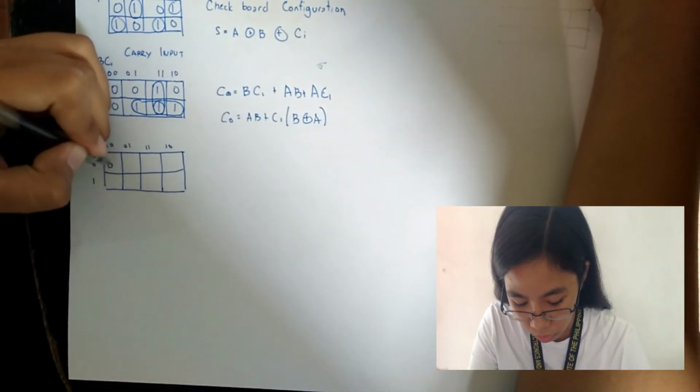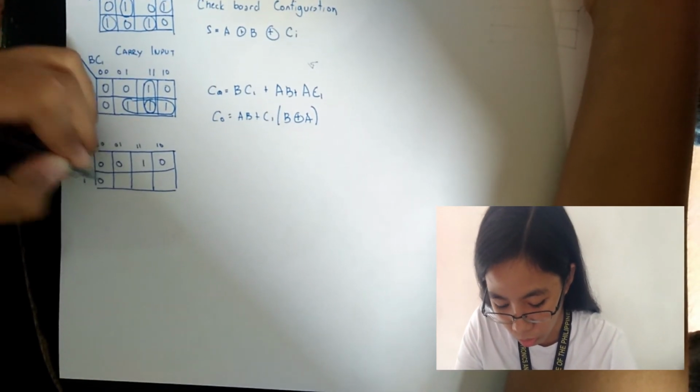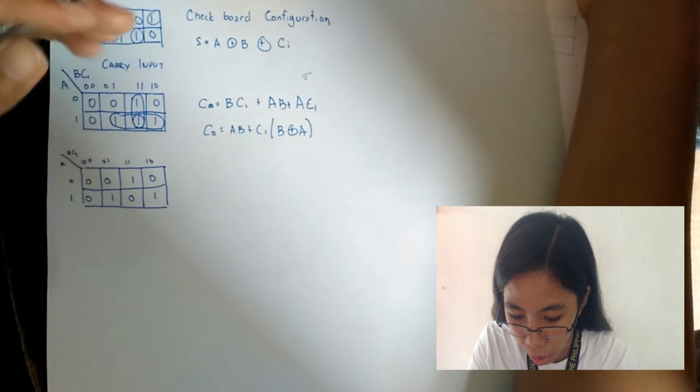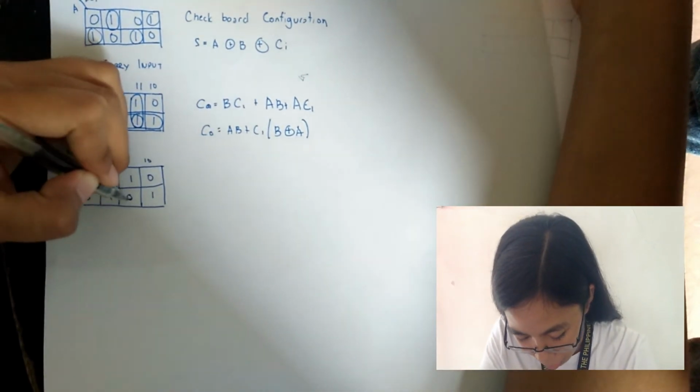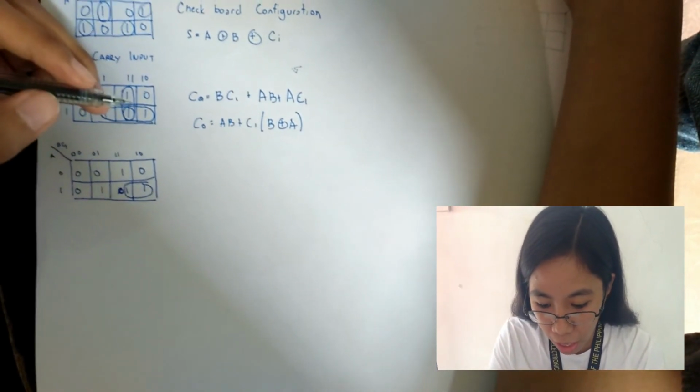This is 0, 0, 0, 1, 0, 1, 1, 0. Now, I will make a group of these two ones, and I will keep this one and this one alone.